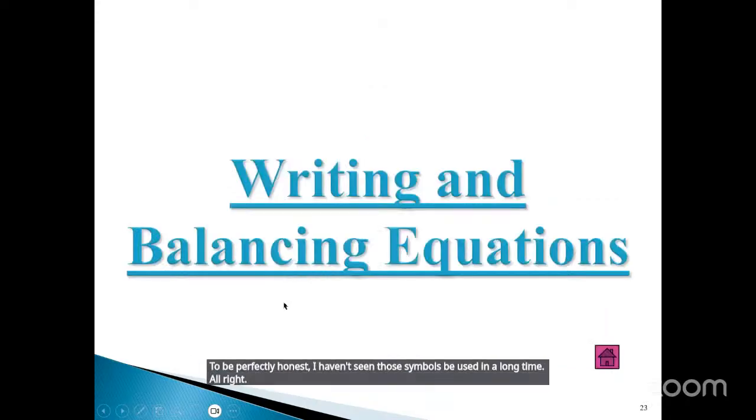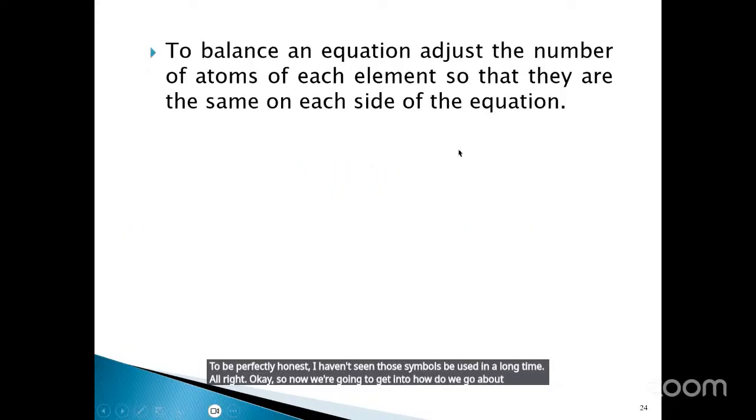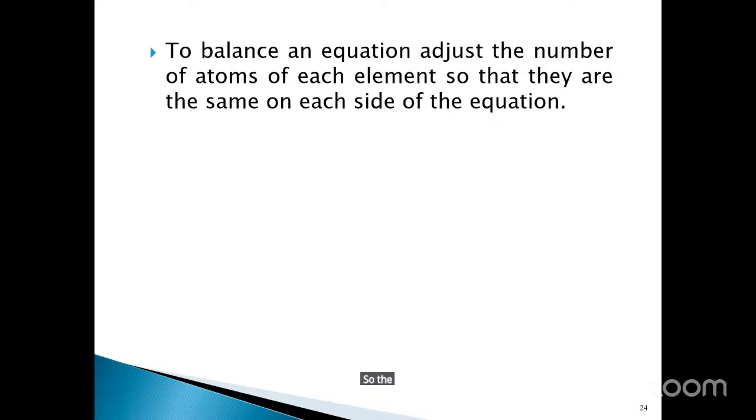Okay, so now we're going to get into how do we go about balancing an equation, right? So basically, to balance an equation, you need to adjust the coefficients so that the number of atoms of each element on either side will be the same. And in some cases, it's a combination of systematic and trial and error process in order to achieve this.